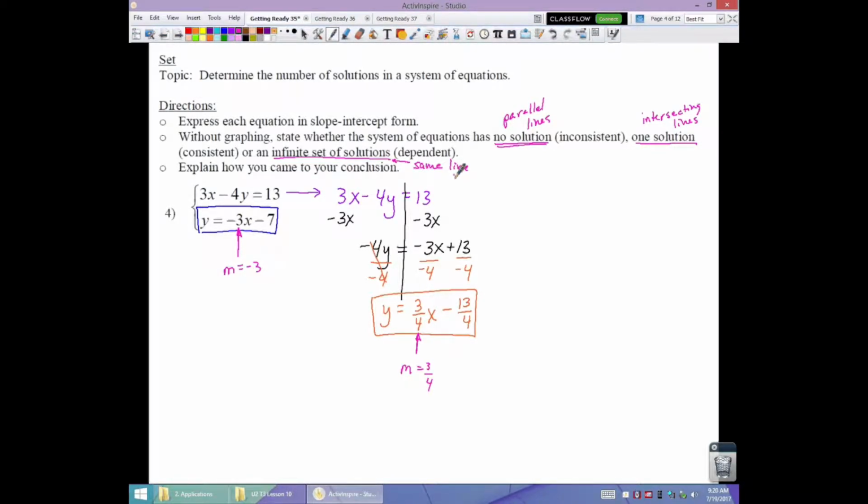So any two equations with different slopes must be intersecting lines. So we have one solution, and our reason, since the third bullet says to explain how we came to that conclusion, is that we have one solution because the slopes are different.